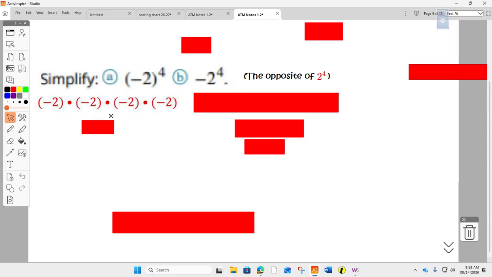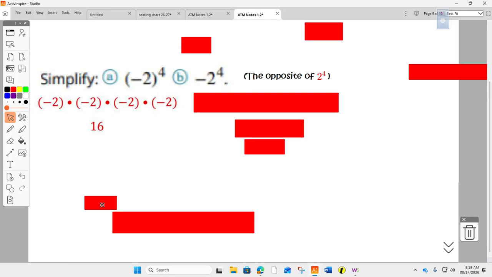An even number of negatives gives you a positive, if you have more than 2 factors. An odd number of negatives would give you a negative. So if that were -2 raised to the 5th power, it would be -32, right?